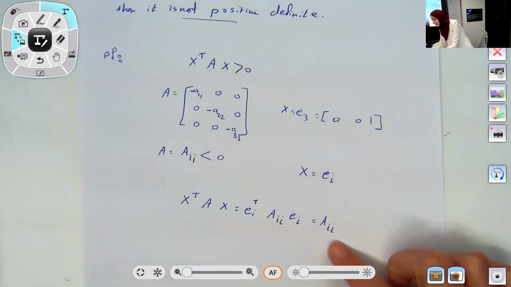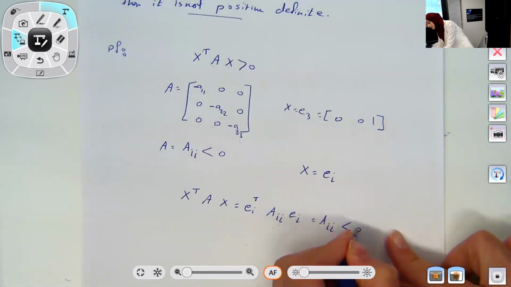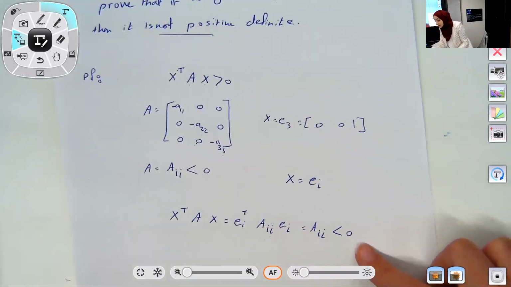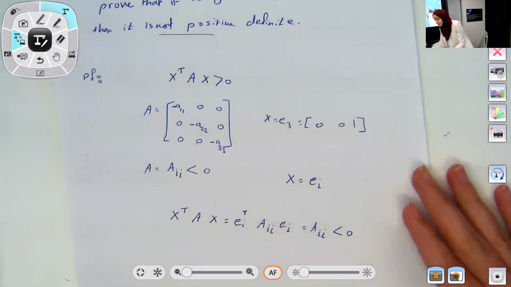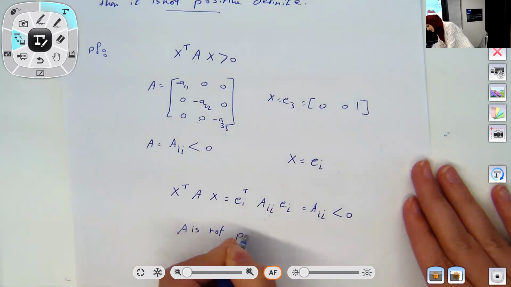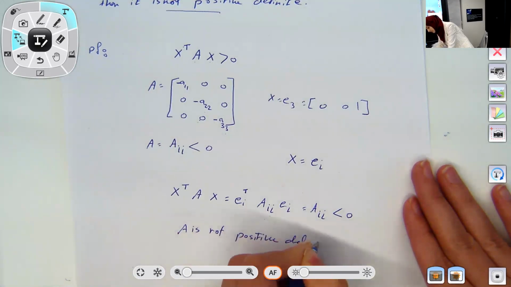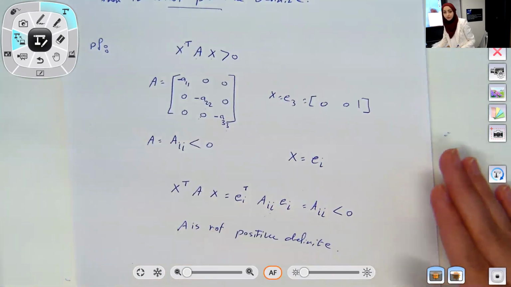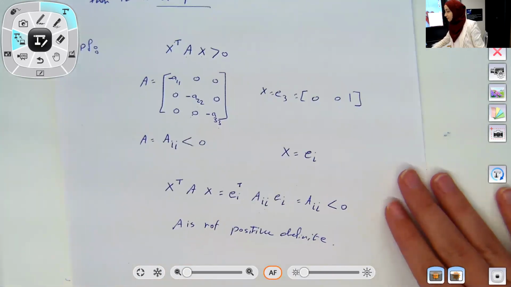So A_ii is always negative. So we can show that this matrix is not positive definite. So A is not positive definite. This is the proof for this question.